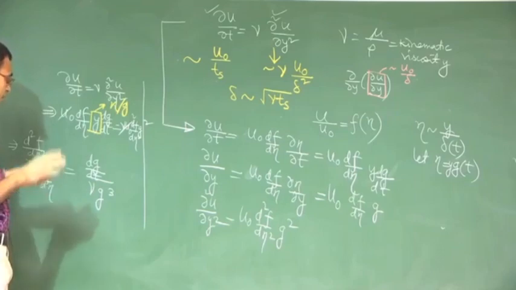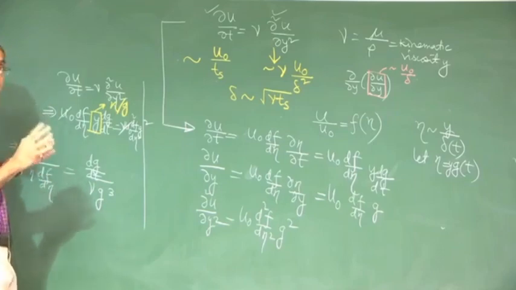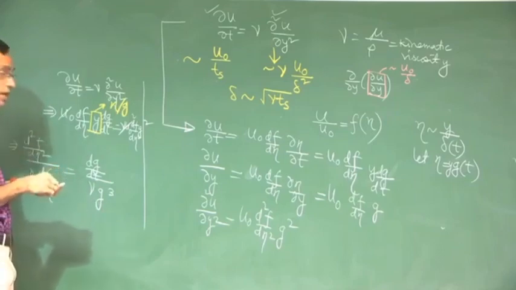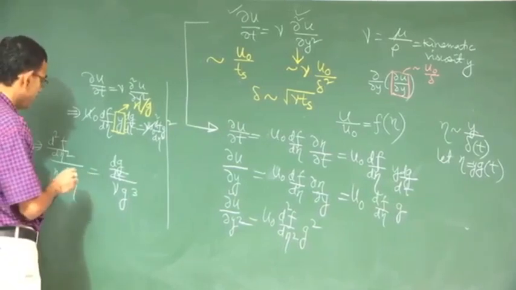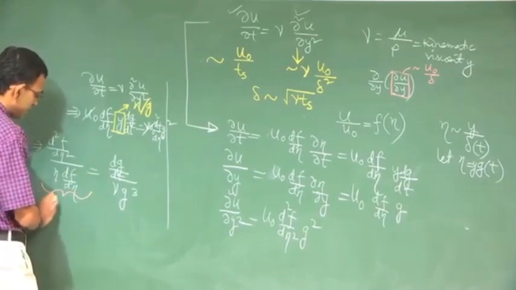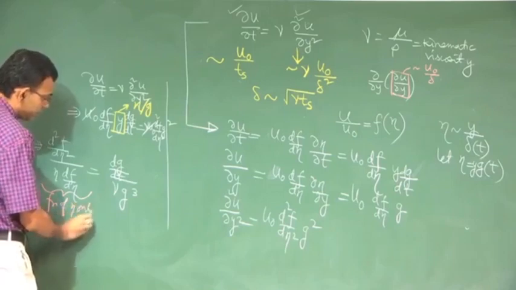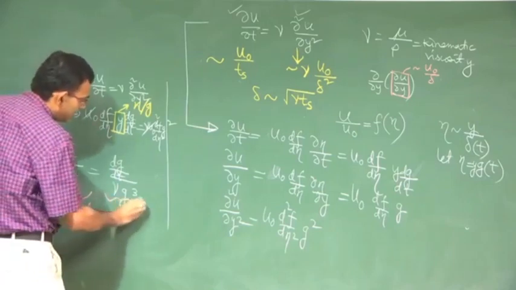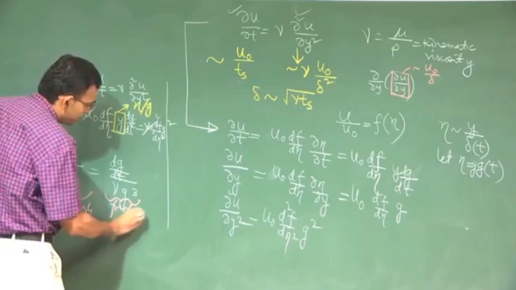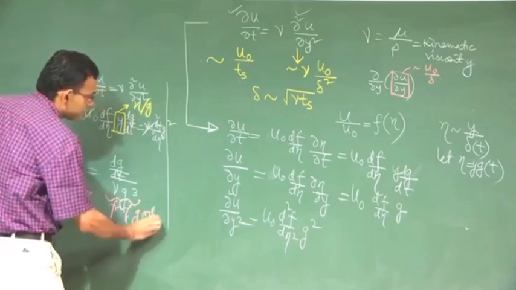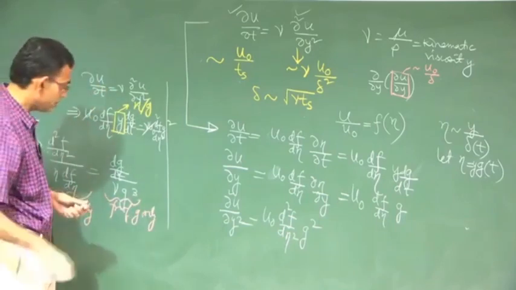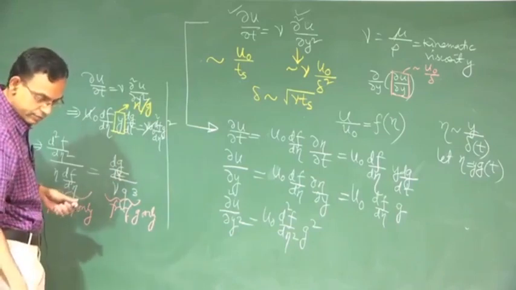Now see, we have been successful in separating the variables. How have we been successful? This is a function of eta only, and this is a function of g only, sorry, a function of t only.